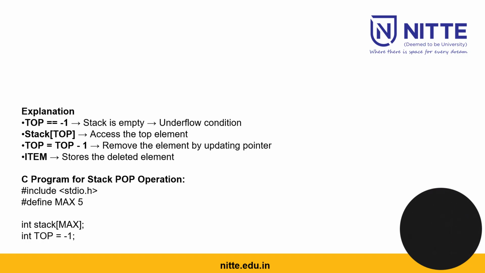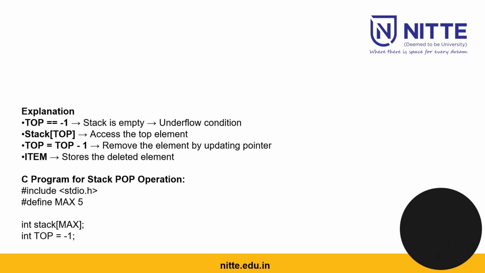That means first it will decrement the top by 1. If the top value is 4, then 4 minus 1 equals 3. So that 3 will be assigned to the top.